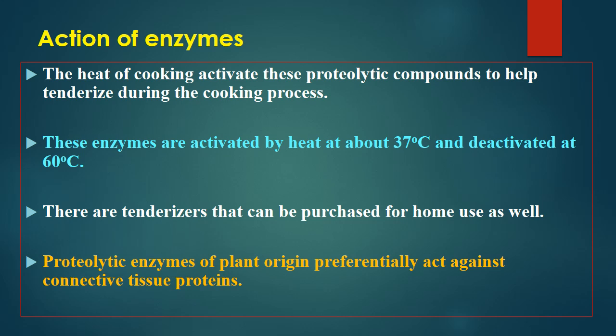These proteolytic enzymes of plant origin preferentially act against connective tissue protein. The other enzymes, which are not of plant origin, that is bacterial or fungal origin, act more on the myofibrillar protein, as I told in the beginning, whereas the proteolytic enzymes from plant origin act mainly on the connective tissue protein, that is on the collagen fibers.